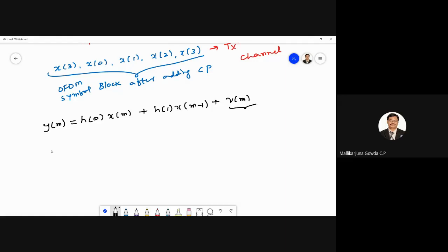So what can I write for m equal to 0? Any one of you can say, y of 0 will be equal to what? With the above equation, when m equal to 0, what is the expression I can write for y of 0?